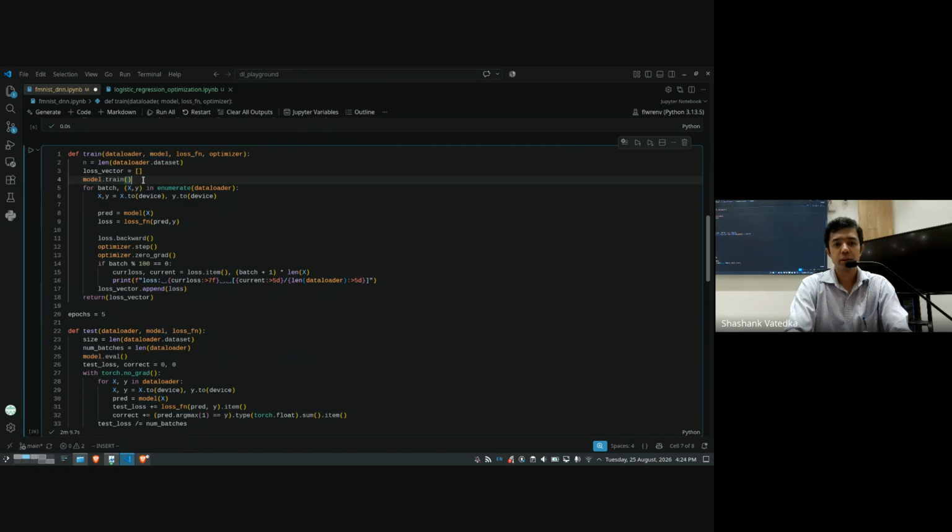First, I'm saying model.train, which instructs PyTorch that within this function I'm going to train the neural network. Outwardly it doesn't do anything, but internally it sets some of the parameters within the automatic differentiation to instruct it that some of these gradients are going to be used in gradient descent or some kind of an optimization step.